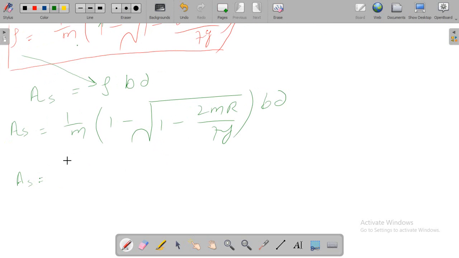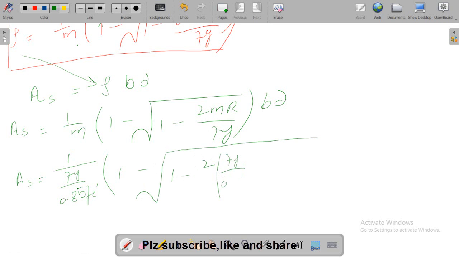A is equals to 1 divided by, we know the value of m, that is fy divided by 0.85 fc prime, right? 1 minus under root, 1 minus 2, we will plug the value of m, that is fy divided by 0.85 fc prime, and we will have the R value, and the R value is what? mu divided by phi b d square, right?